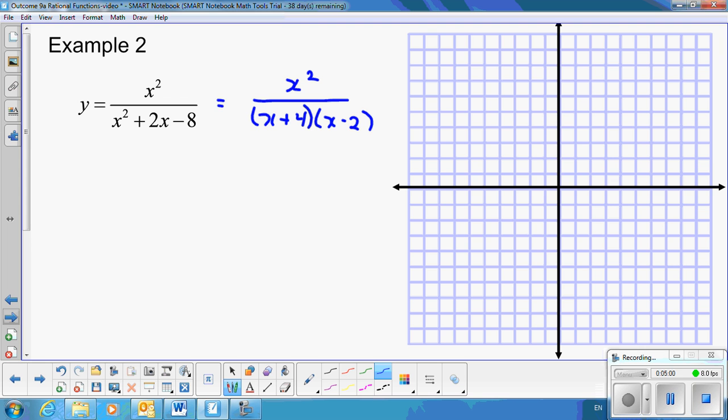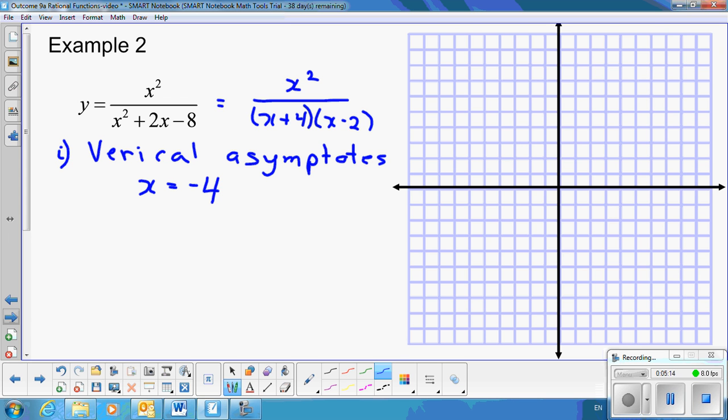There's no common factors in the top and bottom, so that means that I will have vertical asymptotes at x equals -4 and x equals +2. So on my graph, a vertical asymptote means that I'm drawing a dashed line at -4 and another one at +2.